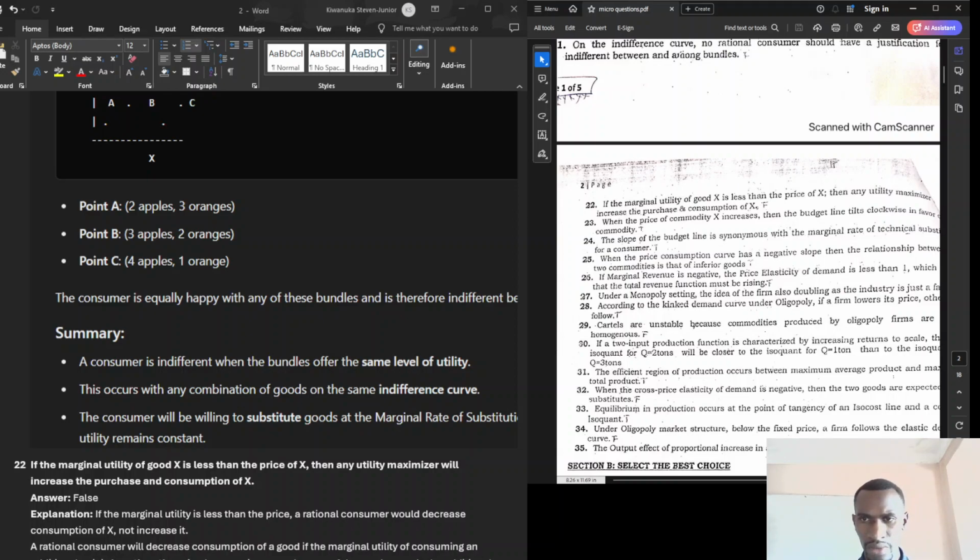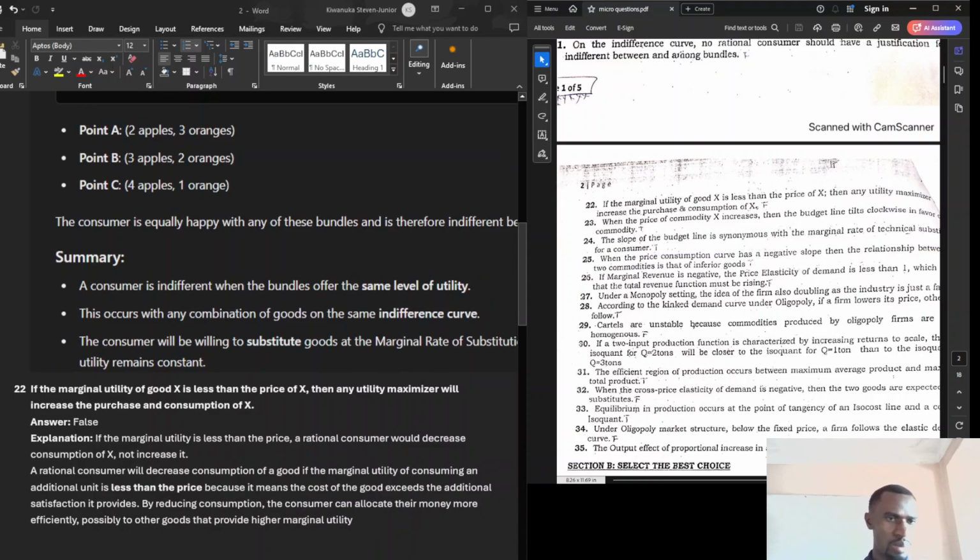So if that satisfaction from good X is less than the price you are paying, then any utility maximizer will increase the purchase and consumption of that? That is really false. If you realize that the additional satisfaction you are paying for is less, then you will not increase consumption.